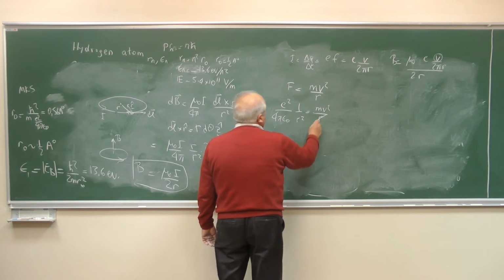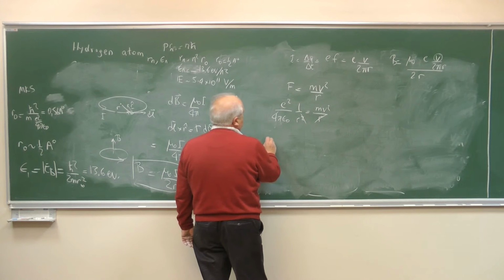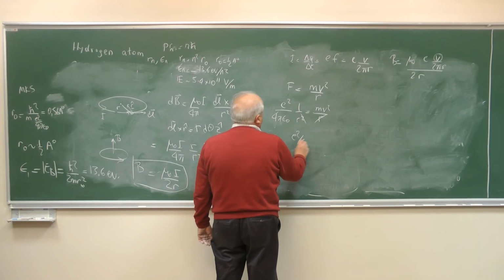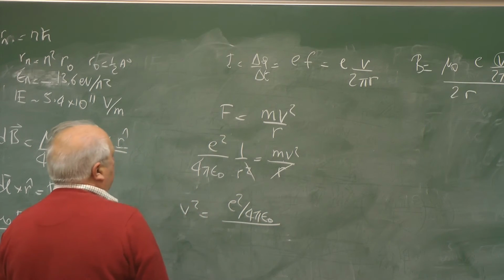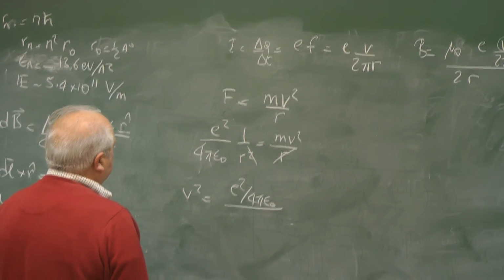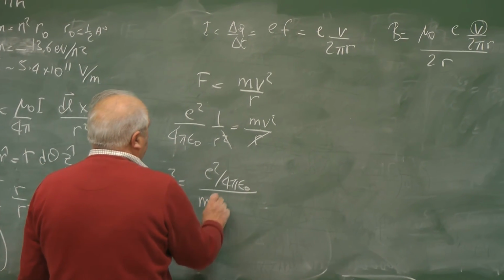This cancels. V square is then E square over 4 pi epsilon 0 over m r.